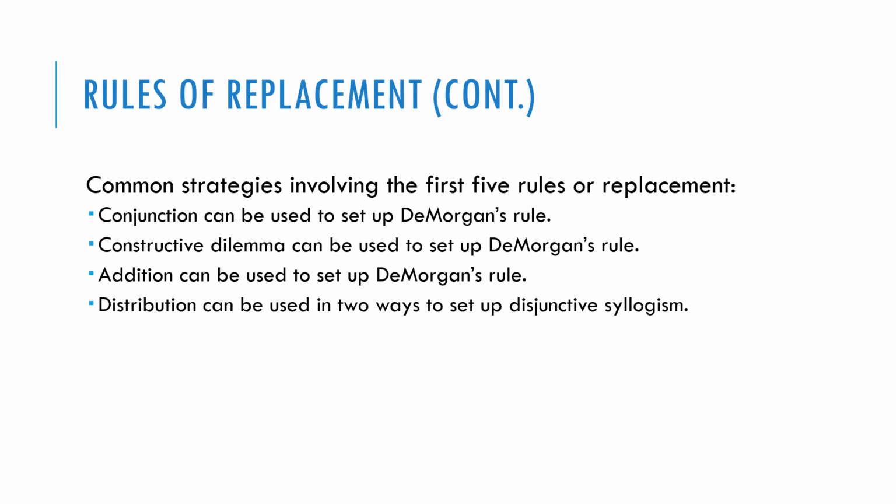Again, these are all ways of manipulating and altering the way in which we say complex propositions that mean the same thing, but that we can naturally deduce one thing from another that we may not necessarily be able to do if we didn't apply De Morgan's rule in the first place, or didn't apply the disjunctive syllogism in the first place.